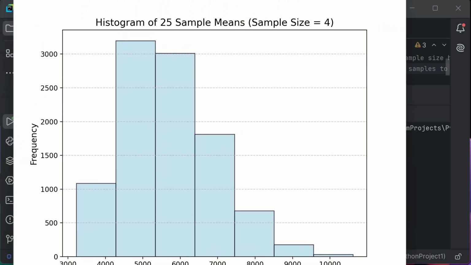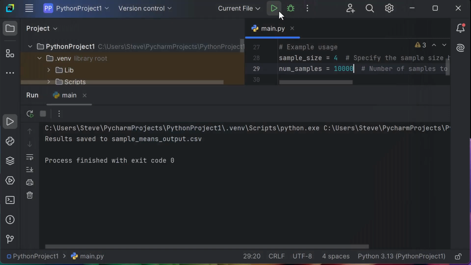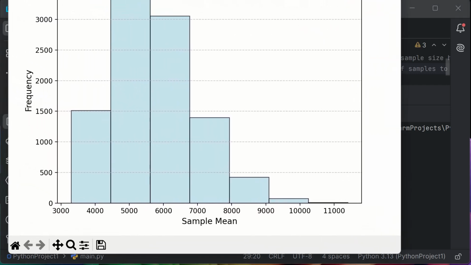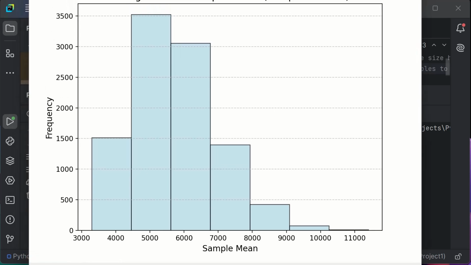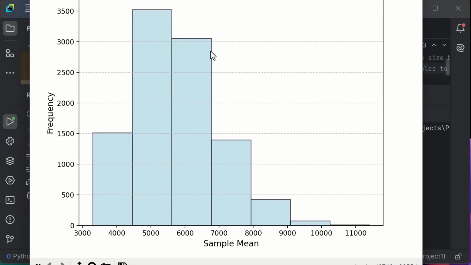So saying 25 sample means at the top of the histogram, I didn't bother about changing that, but I can see this data is positively skewed. And if I generate a second one here, again, it's a bit different to the previous one, but we do have a positive skew to it. And we should see that smooth out as we move upwards in terms of n, which is the sample size.